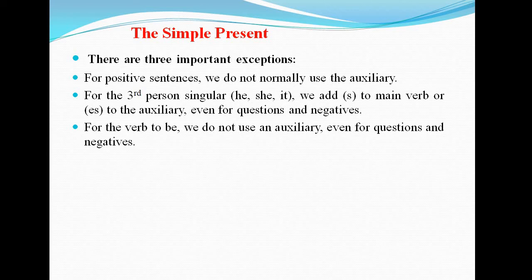So with the simple present tense, with a third person, usually the verb takes s or es. We use the auxiliary when we are making questions and with a negative. For the to be verb, like is, are, we are not going to use an auxiliary.